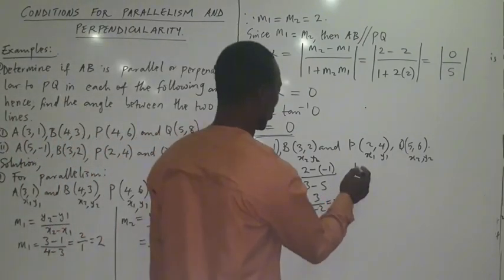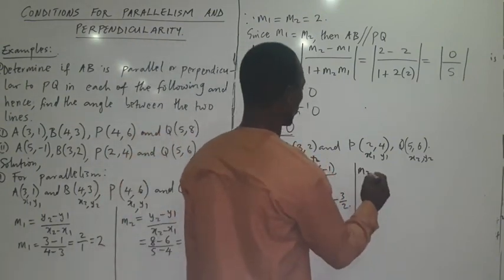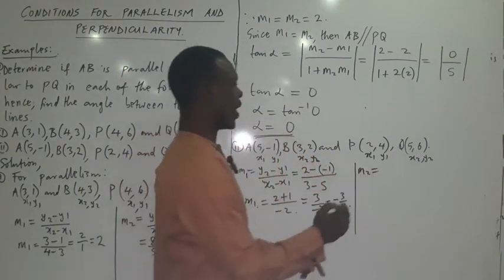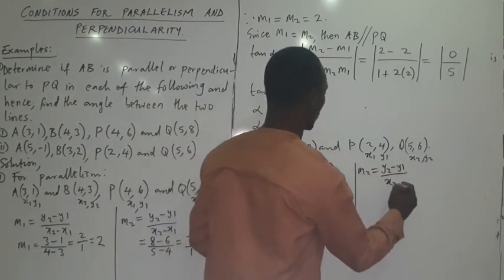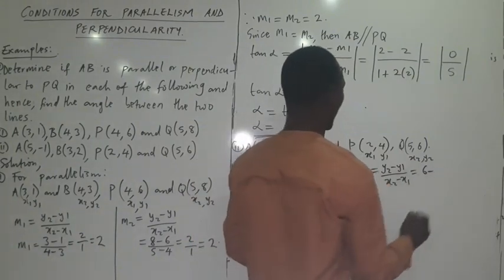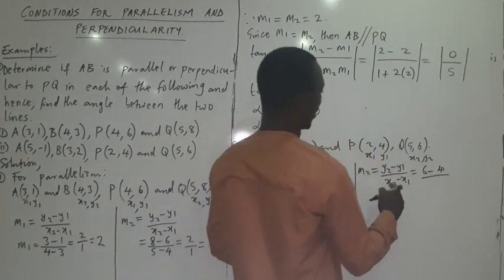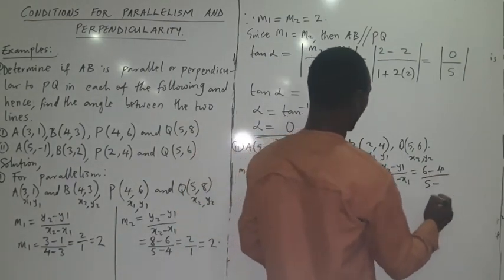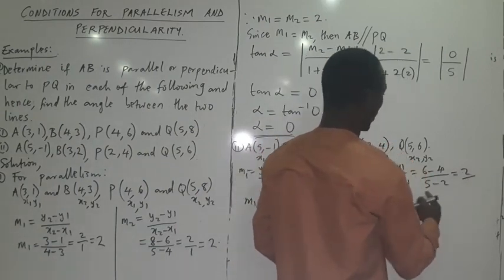Let's determine the gradient of the second line, that is for PQ. We have M2 equals y2 minus y1 all over x2 minus x1. So y2 is 6 minus 4 all over x2, that is 5 minus 2. 6 minus 4 is 2 all over 3.